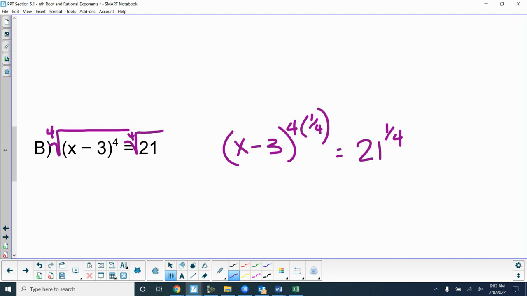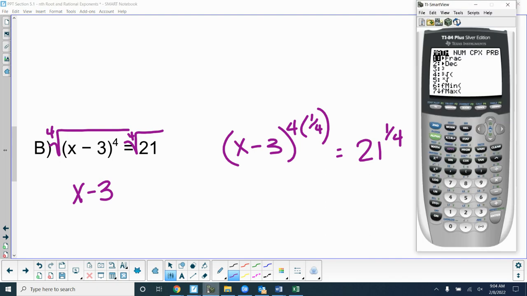That's the same thing. Okay? So what's the 4th root of something to the 4th power? Itself, right? We had that with square roots, when we did completing the square stuff. So you can take the 4th root of 21, or you can go 21 to the 1/4 power.